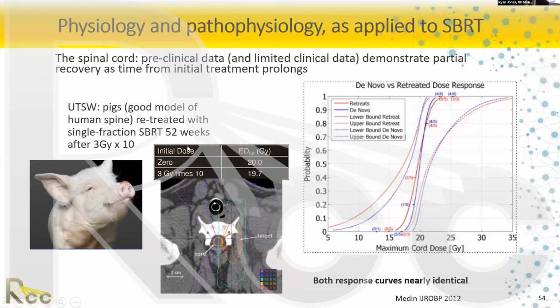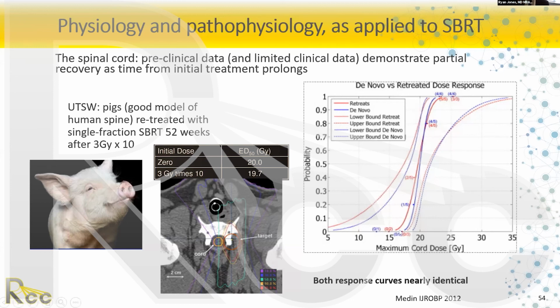In this particular study, it took about 30 pigs. They gave them 3 gray times 10, a very common regimen. And then they waited a year and retreated, because he had sensed from other prior work that the spinal cord was demonstrating recovery over time. Now look at this. The first treatment course and tolerance shows this sigmoidal response curve that we think about for a lot of tissues.